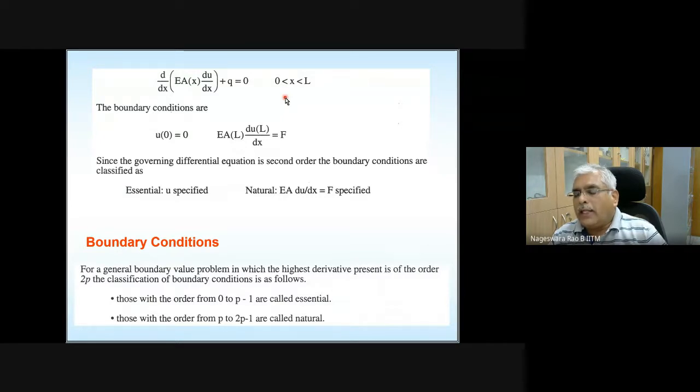Okay? And there is an advantage for doing that. Suppose you go back and recall curve fitting. If you have scattered data, and you want to fit a single curve to the entire data, you may need to assume a higher order polynomial.